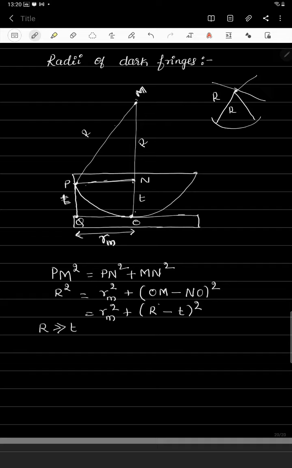So capital R is far greater than small t, and the 2RT term is again far greater than t square. From this, if you simplify, we get r_m square plus, using the (a minus b) whole square formula, R square plus t square minus 2RT. So these two terms again become 0.